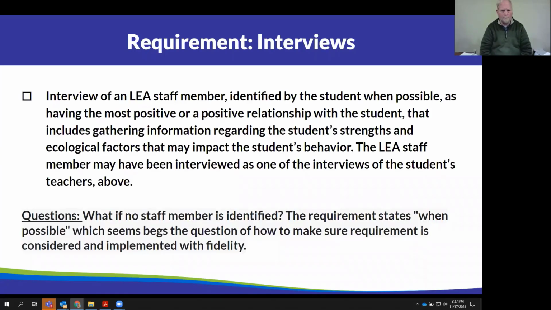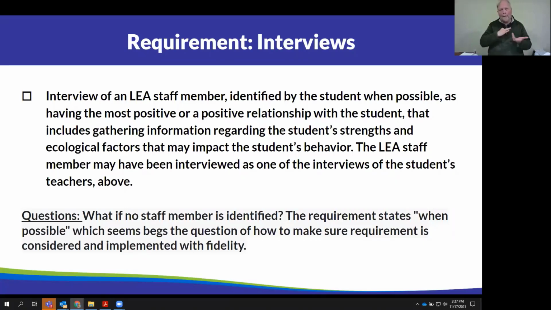A little more about interviews, particularly interviews with an LEA staff member who's identified by the student when possible as having a positive or the most positive relationship with the student. So here's a question we received: what if the student doesn't identify a staff member, or what if no staff member is identified?